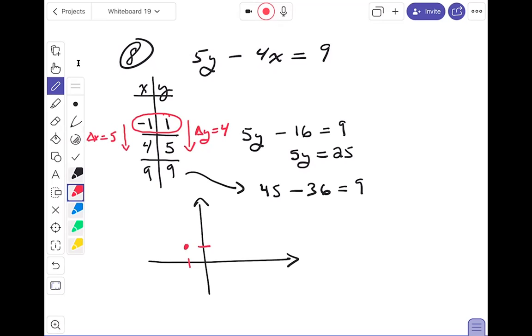Now 9, 9, too much counting. 1, 2, 3, 4, and I got to go up 5. All right, draw my line through it. And we're done. Okay. Let's do the next one, which is number 9.